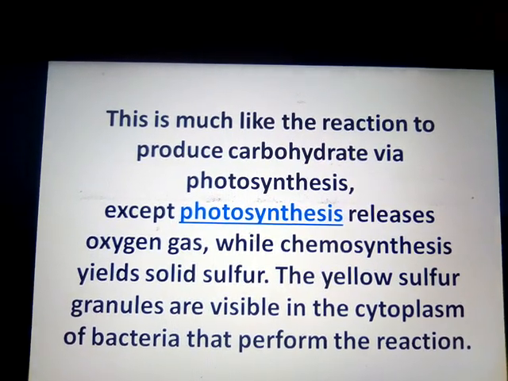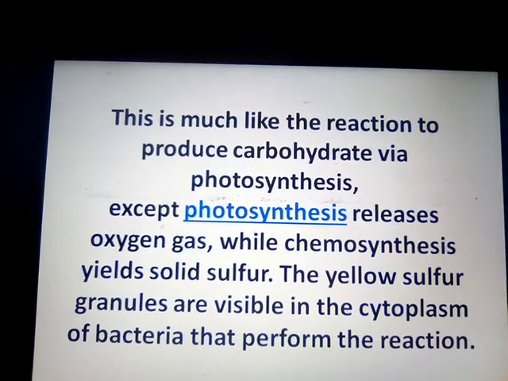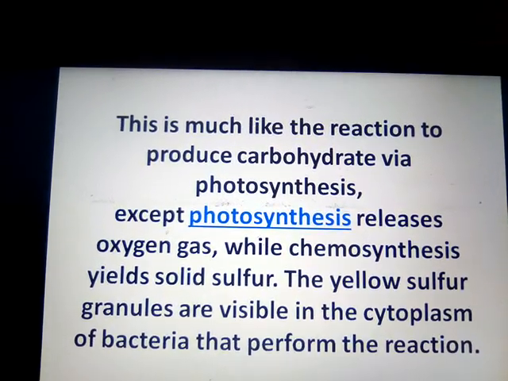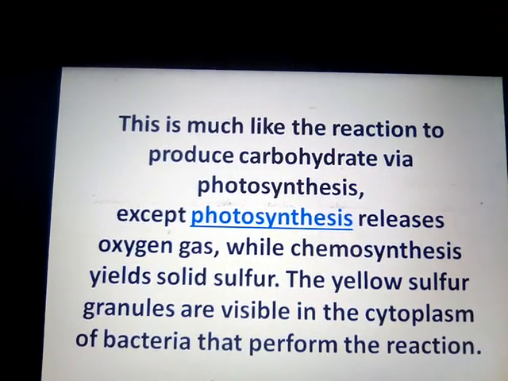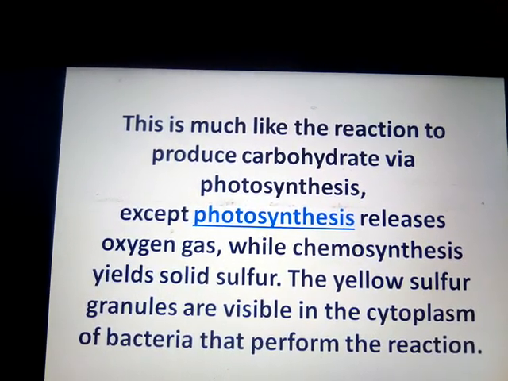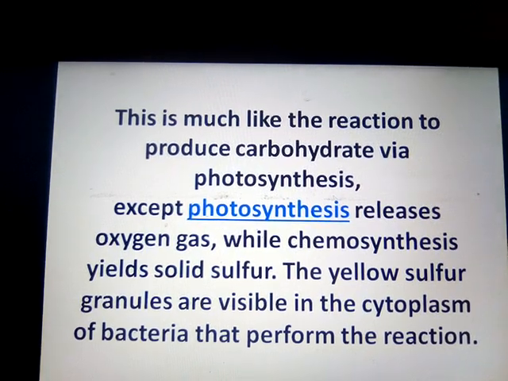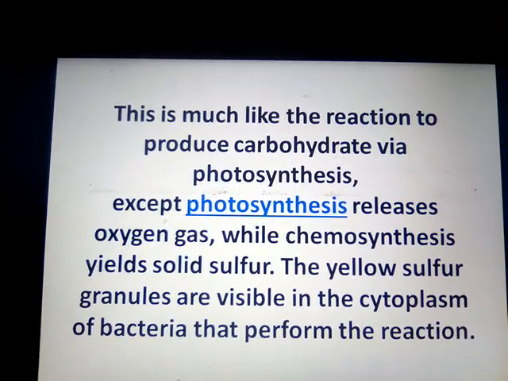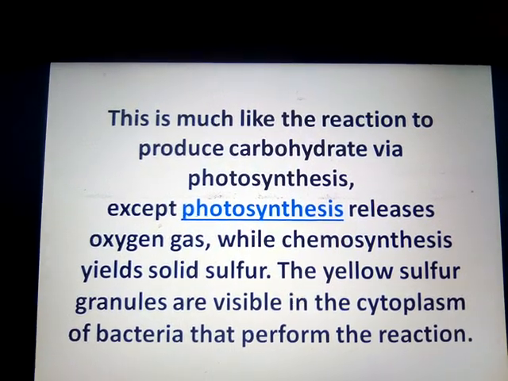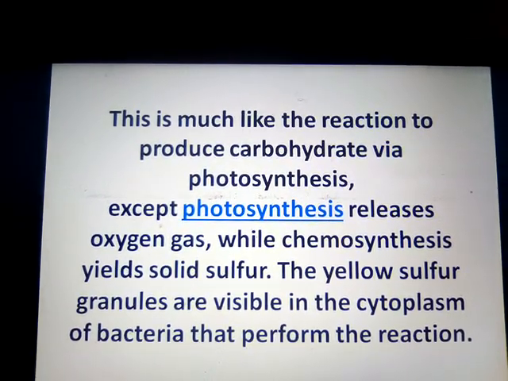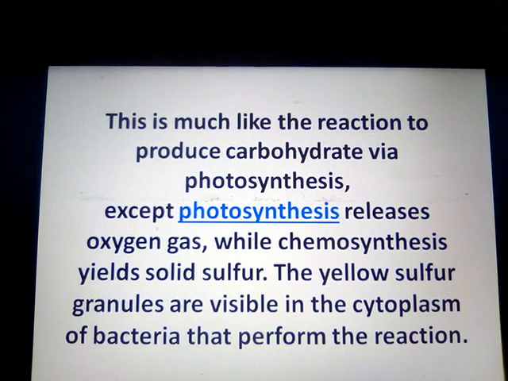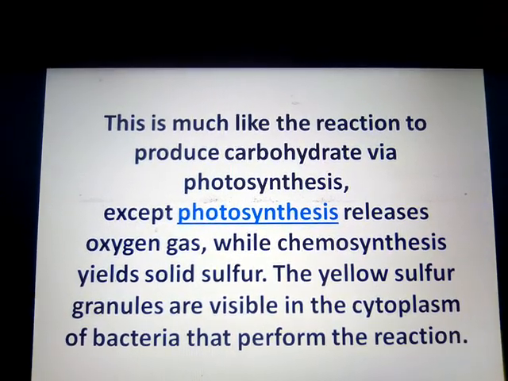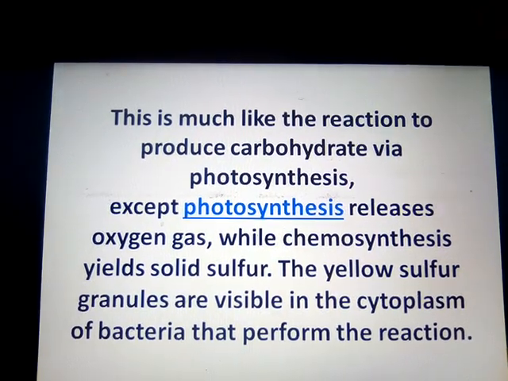This is much like the reaction to produce carbohydrate via photosynthesis, except photosynthesis releases oxygen gas, while chemosynthesis yields solid sulfur. The yellow sulfur granules are visible in the cytoplasm of bacteria that perform the reaction.